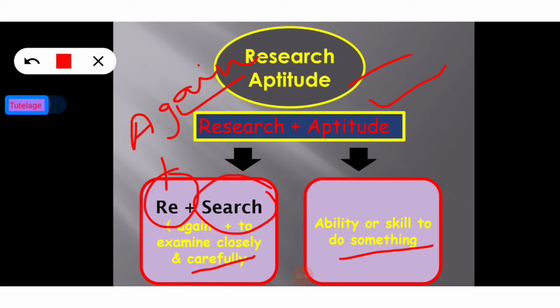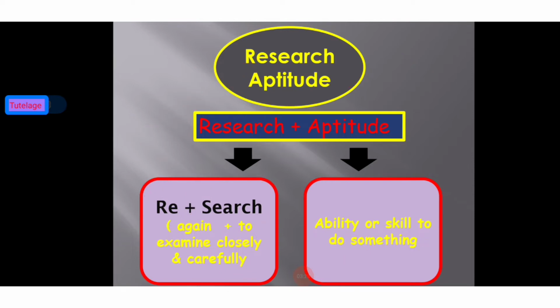So that means research aptitude is the ability or skill to systematically, carefully and closely examine a situation, procedure or an activity for the formulation of generalization and theories. So I think what is research aptitude and what is the basic meaning behind research aptitude is clear to everyone. So now move on to the next slide.